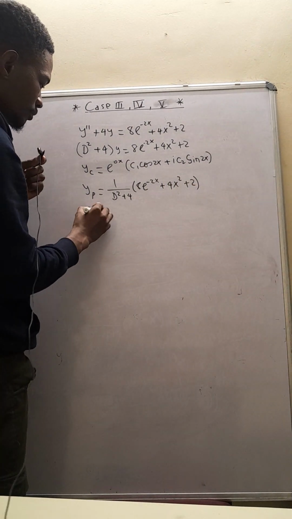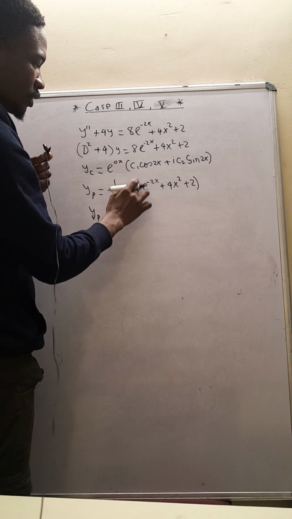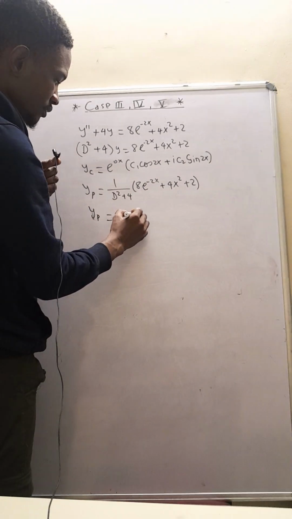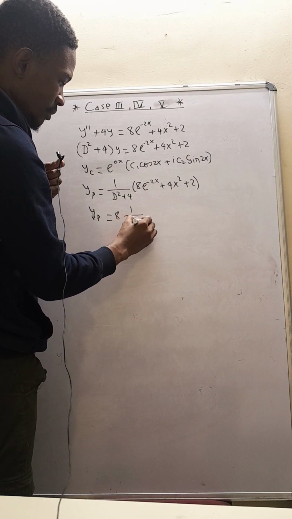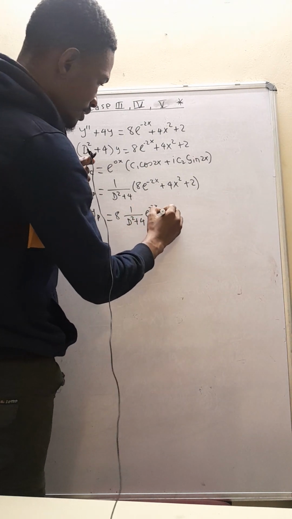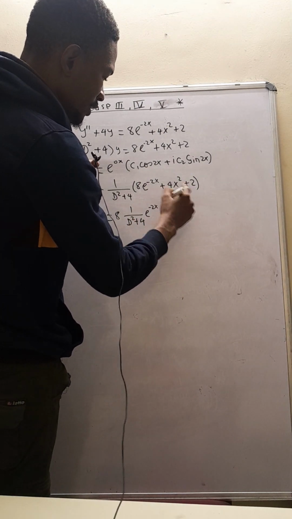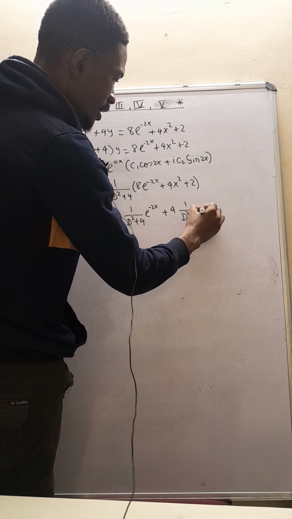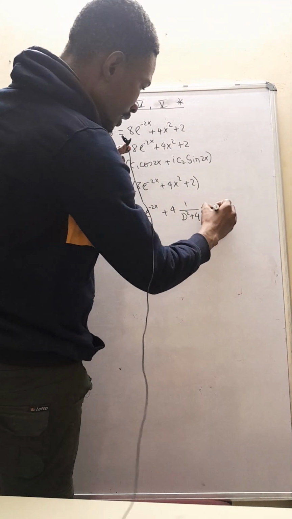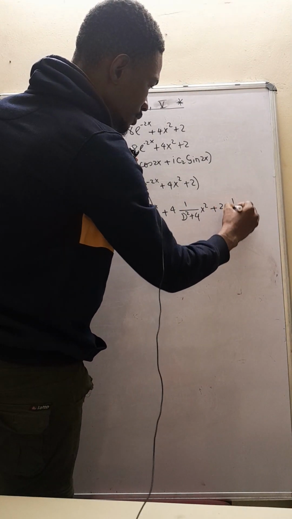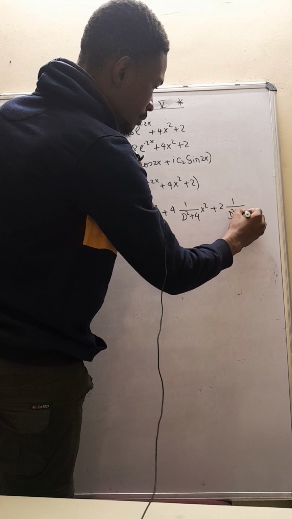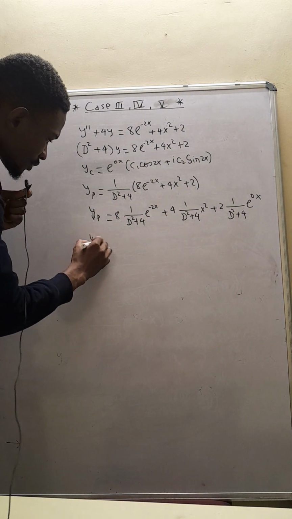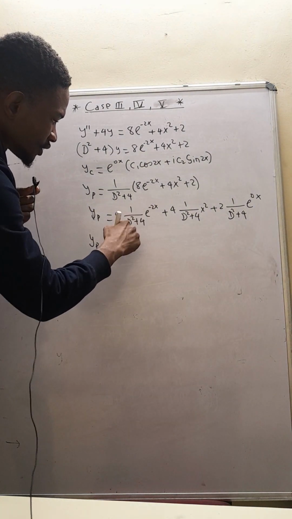So yp will be equal to what? yp will be 8 times 1 upon D squared plus 4 on e^(-2x), plus 4 times 1 upon D squared plus 4 on x squared, then plus 2 times 1 upon D squared plus 4 on e^(0x). That's the point.